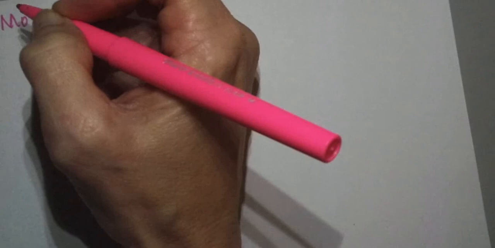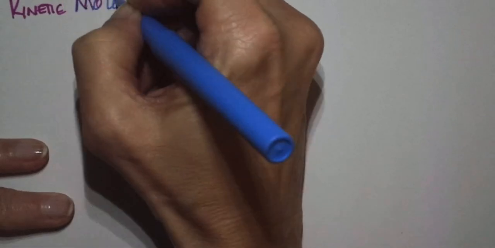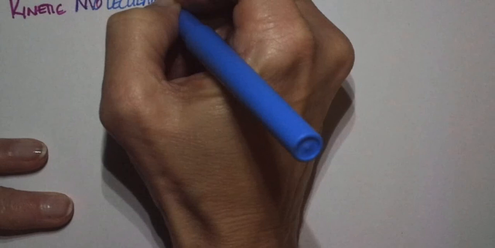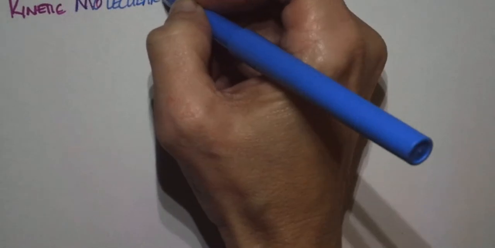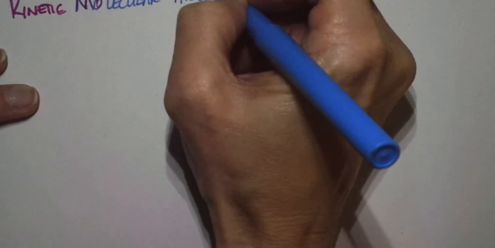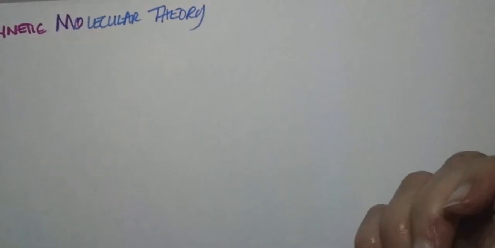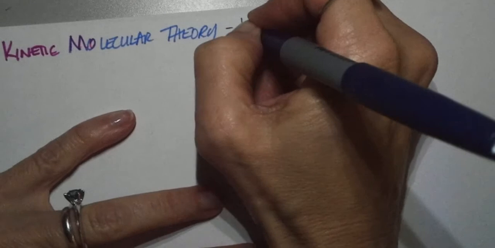Did we already use blue? Yes. Did we really? Yes. Oh, crap. Why don't I have a green? I have green. You want green? No, that's okay. I'll use this green. Did I not pick up a green? Okay, never mind.